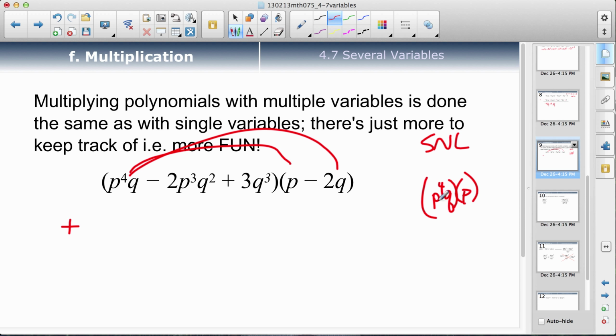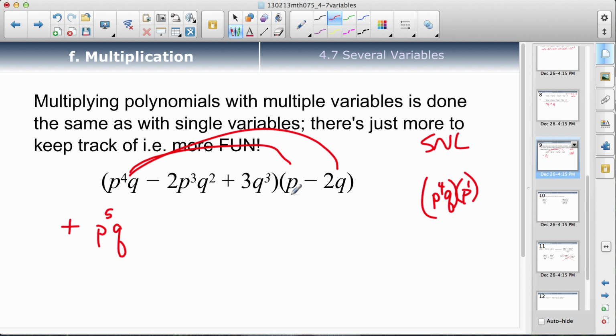And then numbers, there's no numbers written, so it's 1 times 1, which is 1, which we don't need to include. Then p to the 4th times p to the 1st, multiplying common bases, add their exponents. So that would be p to the 5th, and q, there aren't any q's here, so it would just be p^5 q. That would be the first term.